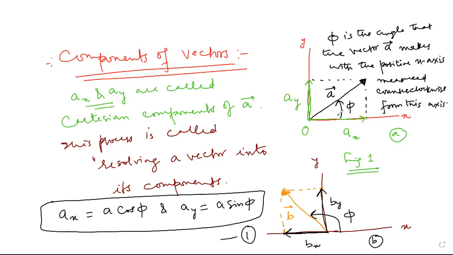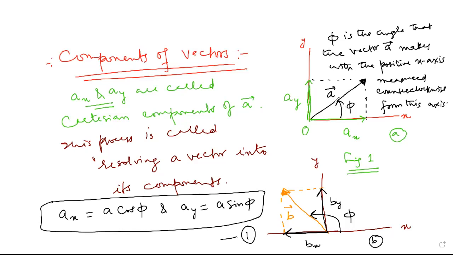That means when we refer to the angle made by the vector, we talk of this angle, phi. That vector makes with positive x-axis measured counterclockwise, that is anti-clockwise fashion from this axis.